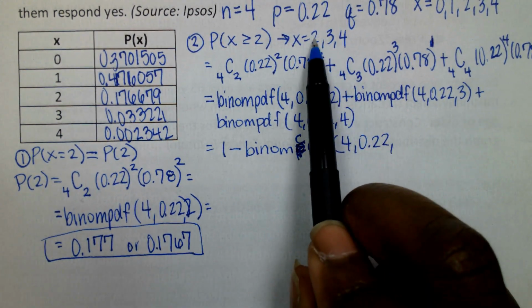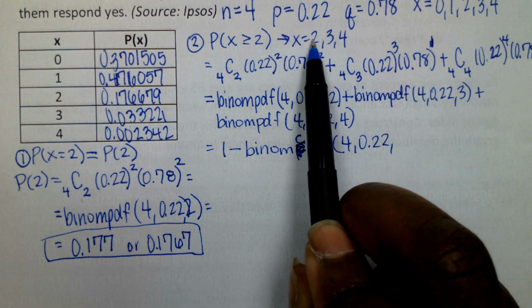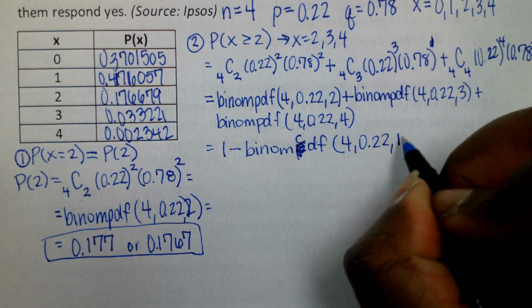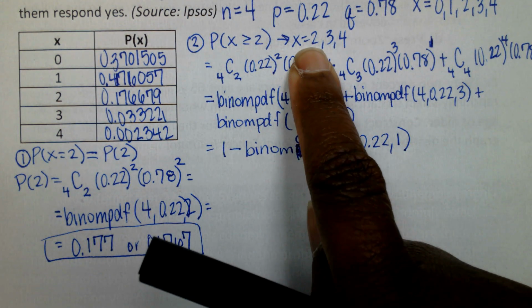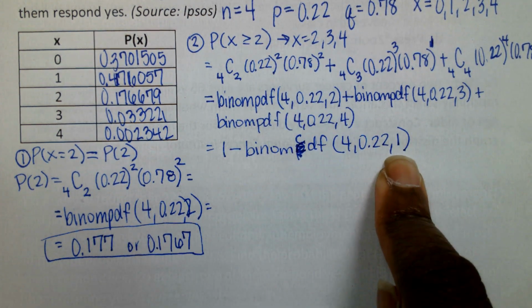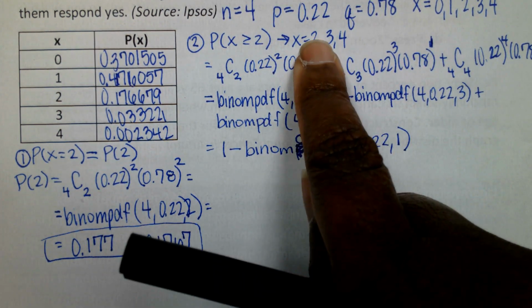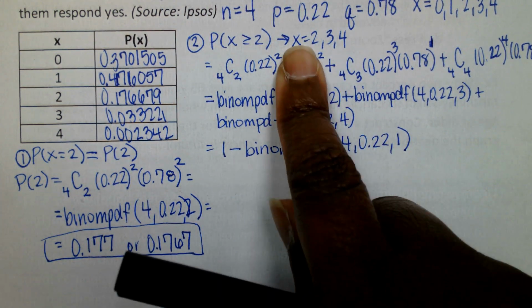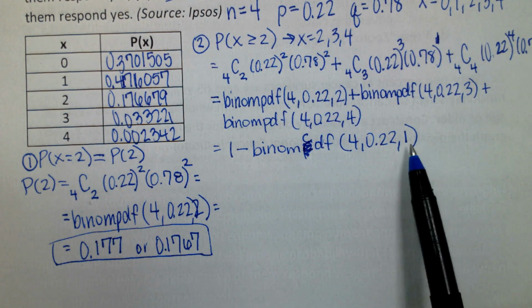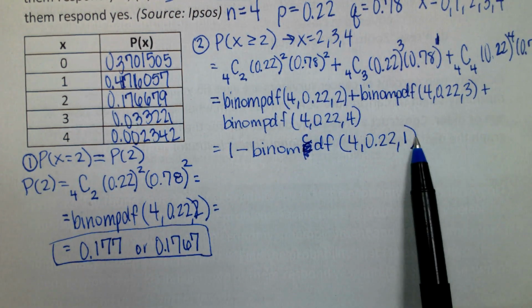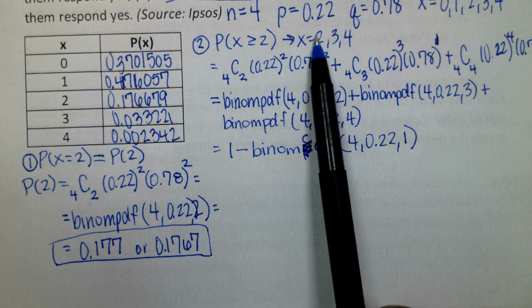I want to stop at 1 so I can pick up my answers at 2. So I do 1 minus here because it's not starting at 0, so I have to stop at this X so my answers can pick up.